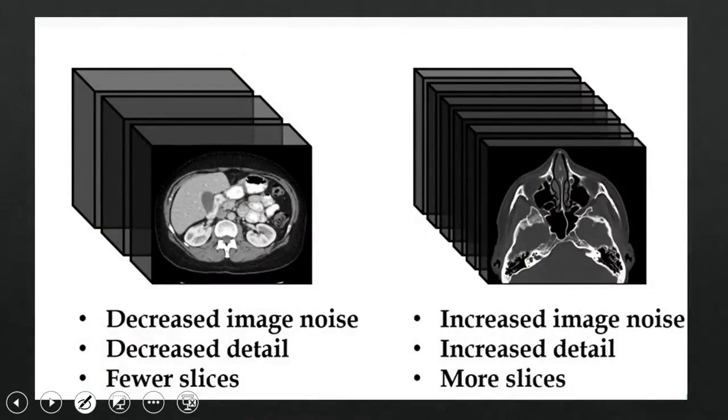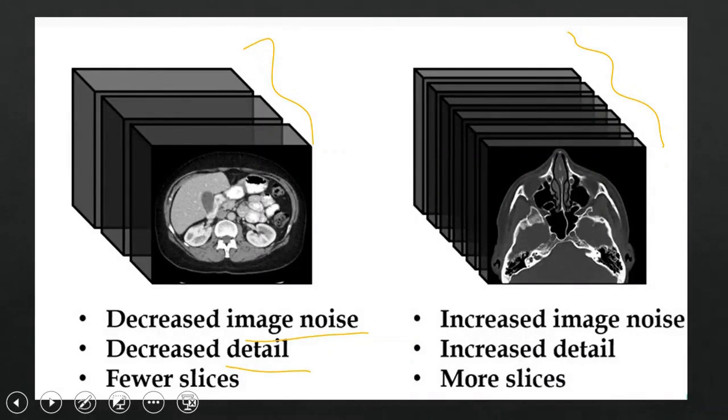Here, there are large slice thicknesses and small slice thicknesses. Large slice thickness will reduce the image noise and details. You will get fewer images, meaning the number of images available will be low because you have increased your slice thickness.